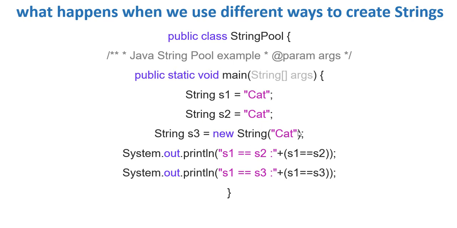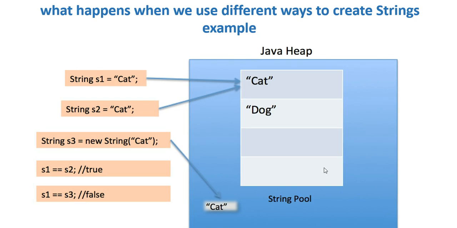Therefore, it's going to create another string cat, and it's stored in the heap space. This is an object. s3 is our object, and then s1 is cat, but the reference of this cat is different from the reference of s3, right?